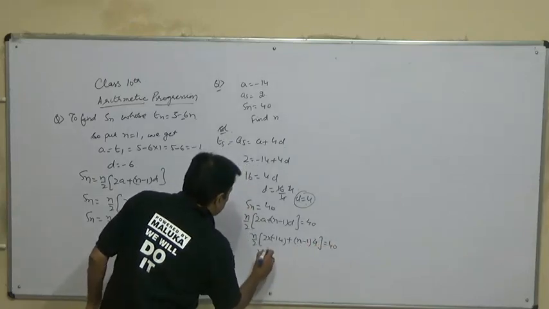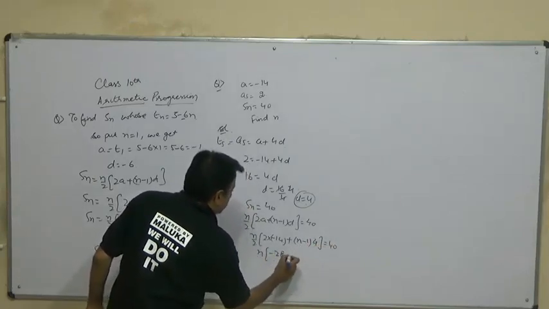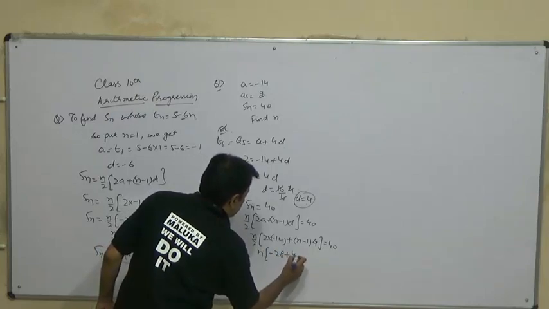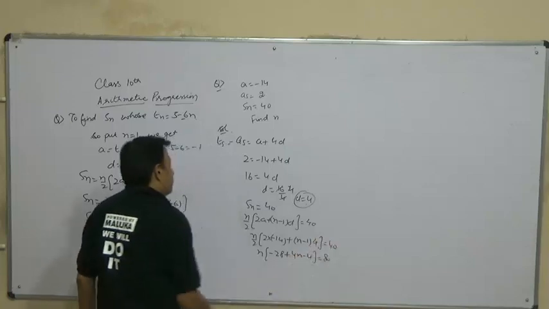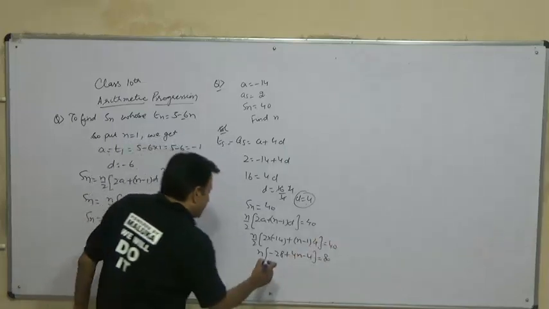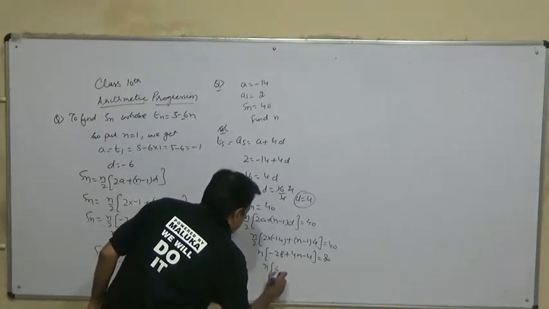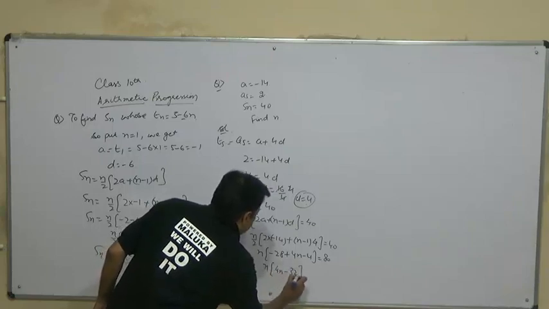So this is minus 28 plus 4n minus 4 is equal to 80. Multiply it by 2, so now you will get n into 4n minus 32 is equal to 80.